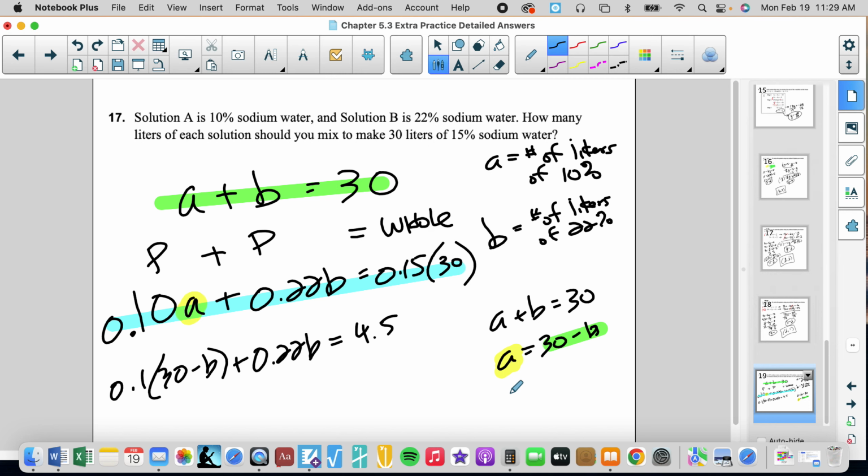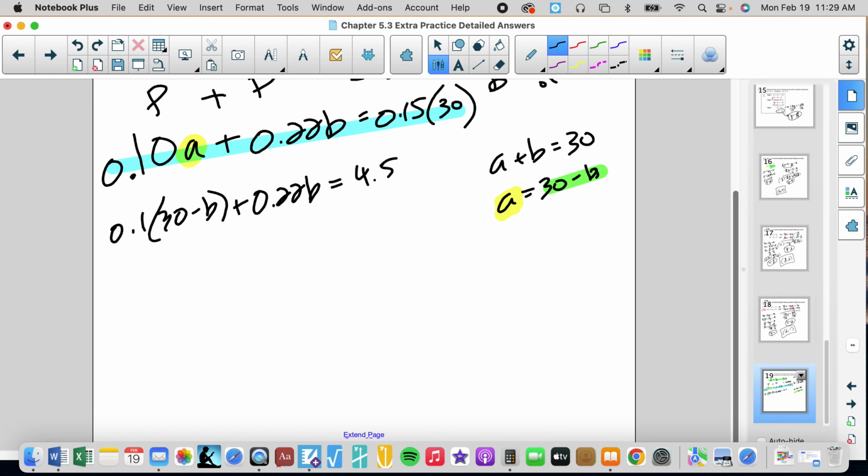Yeah, good. Okay, now let's simplify through distributing the 0.1, so a tenth of 30 is 3, minus 0.1b plus 0.22b equals 4.5.